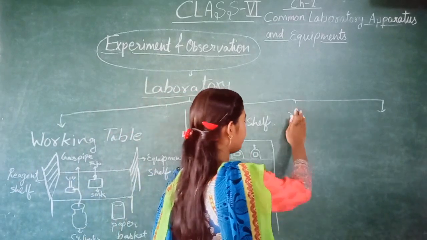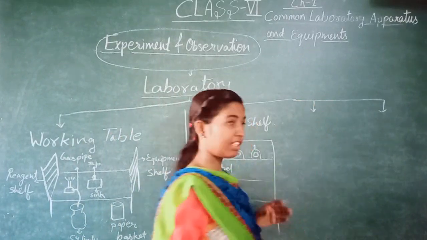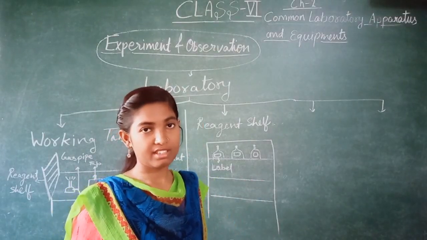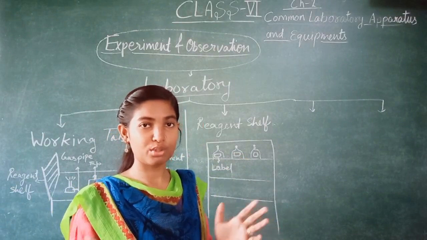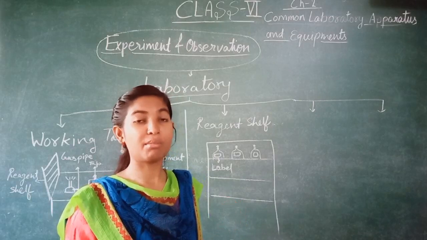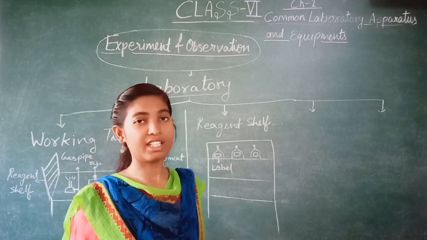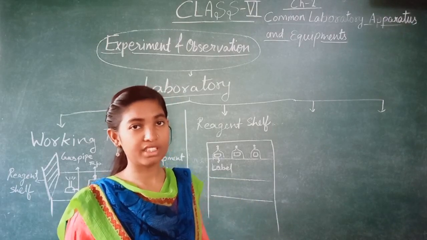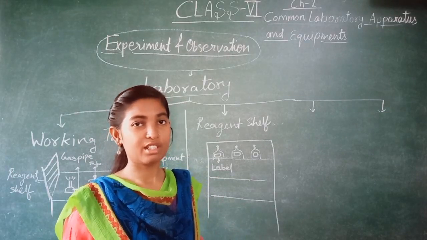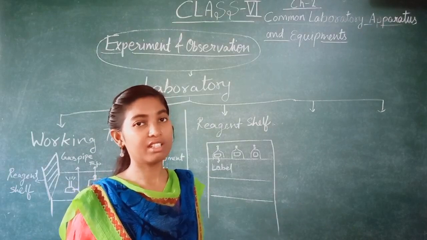And now the third thing. Like in our kitchen, an exhaust fan is there to remove the oil and gas. So in the chemistry lab also the exhaust fan is most important, because when we are doing experiments, some chemicals are releasing gas. Some gases are harmful. If you inhale that gas, it will be dangerous for you. So to not inhale that gas, to stop this, we should have an exhaust fan in our chemistry lab.